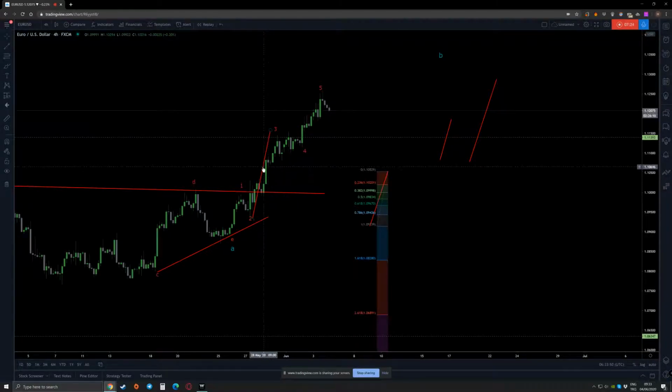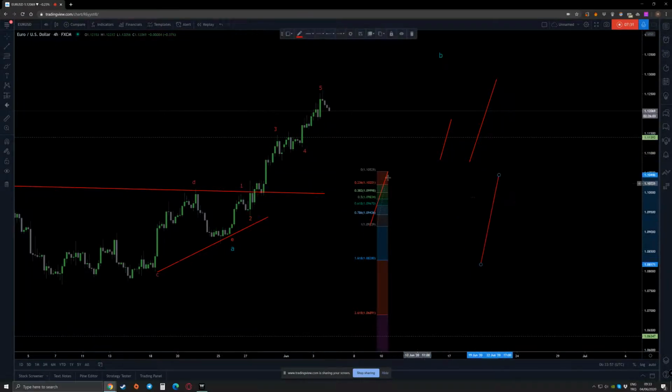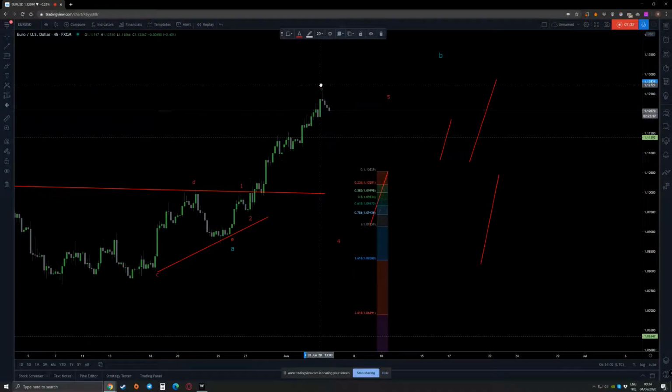Because we don't have this as an impulsive wave, what we do is this. Take this out too. First option that you can have, we try to put wave 3 here, if you think that this price action is impulsive. If you are not so sure, you can still put it here and wait for the market to come to you.